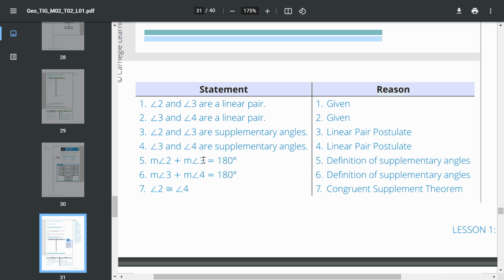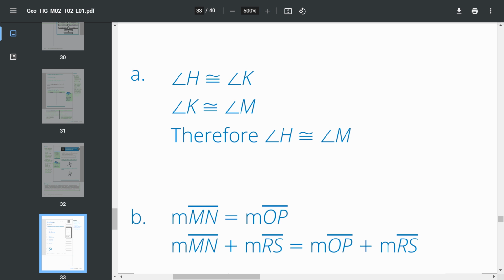And then noting that we have the measure of angle 3 on both sides of my equation, I can take out the measure of angle 3 on both sides, leaving me with measure of angle 2 equals the measure of angle 4, and then concluding that angle 2 is congruent to angle 4 by the congruent supplement theorem. Therefore, we are allowed to go ahead and use the vertical angles theorem as a given.